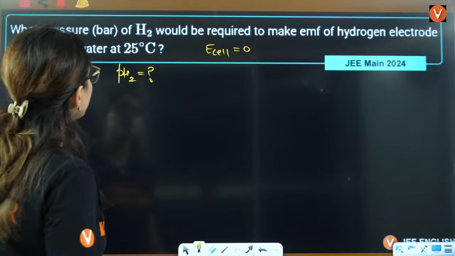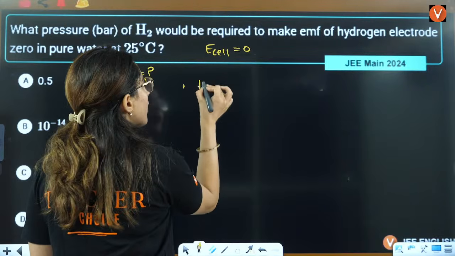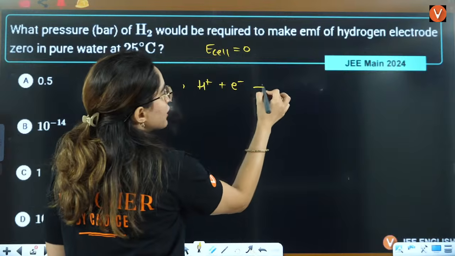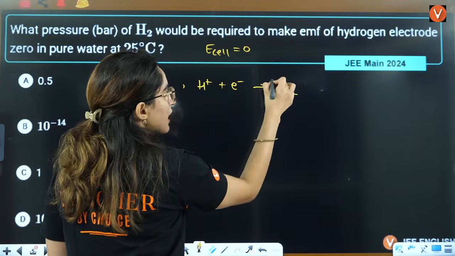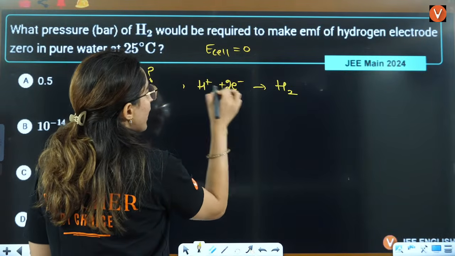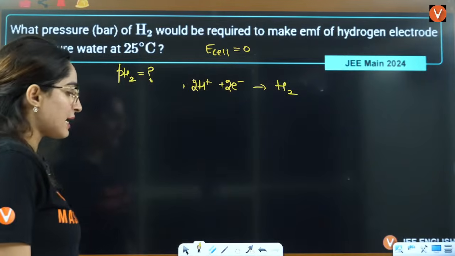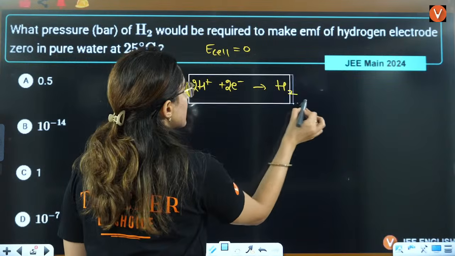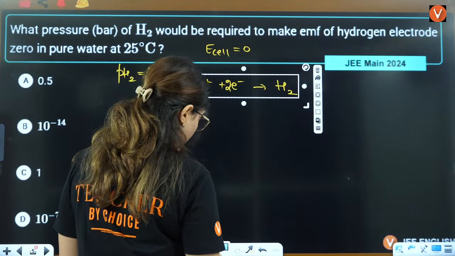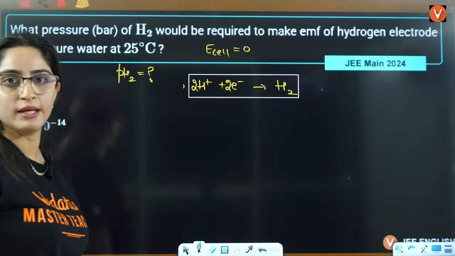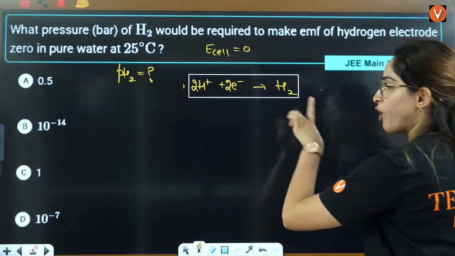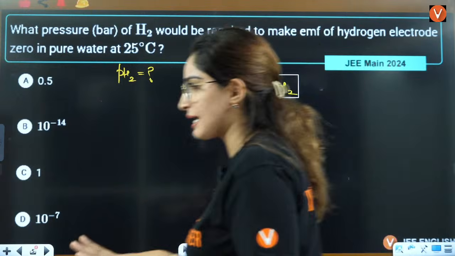Now you know what you do. Just write the reduction value here. H positive, when it gains 1 electron, it will become H2 because it has 2, so this will be 2 and this will be 2, right? Okay. Now see one thing. This is 2H positive plus 2 electrons giving rise to H2, right?